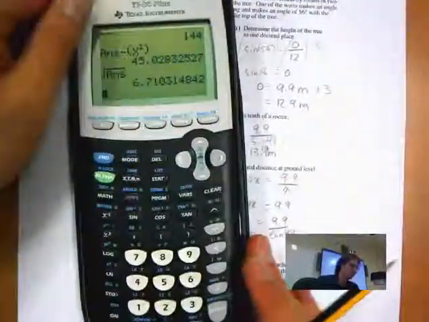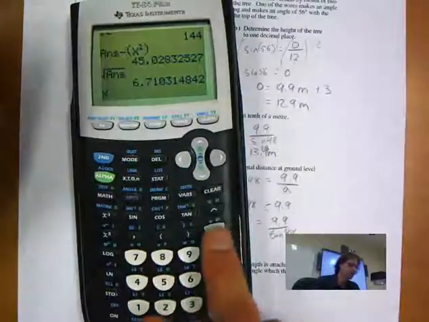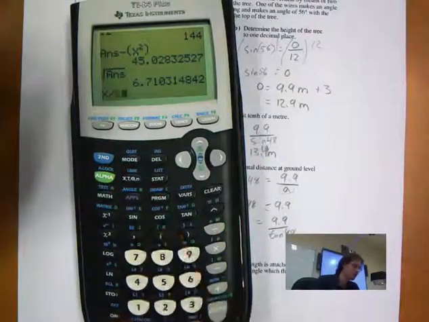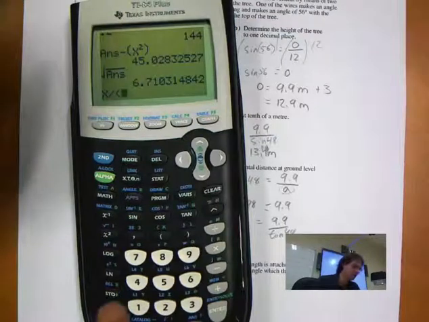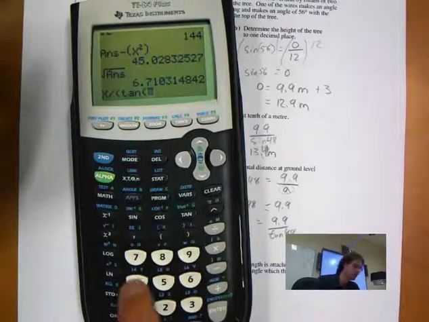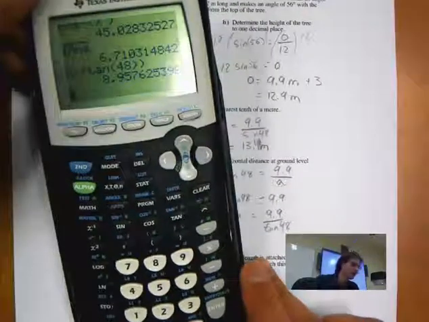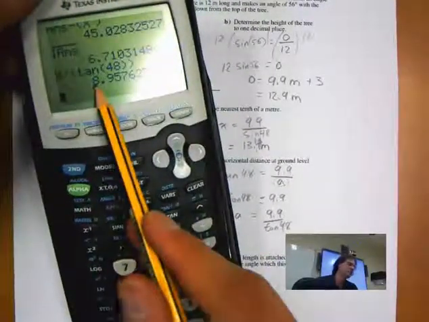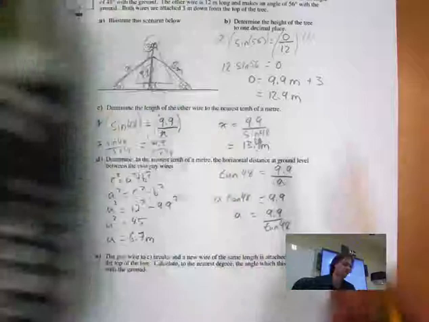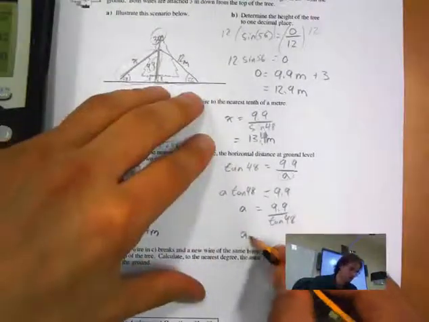We want 9.9, which was my x, and we're going to divide that by bracket tan 48. So I'm going to get 8.95, so that's 9. So that is 9 meters long.